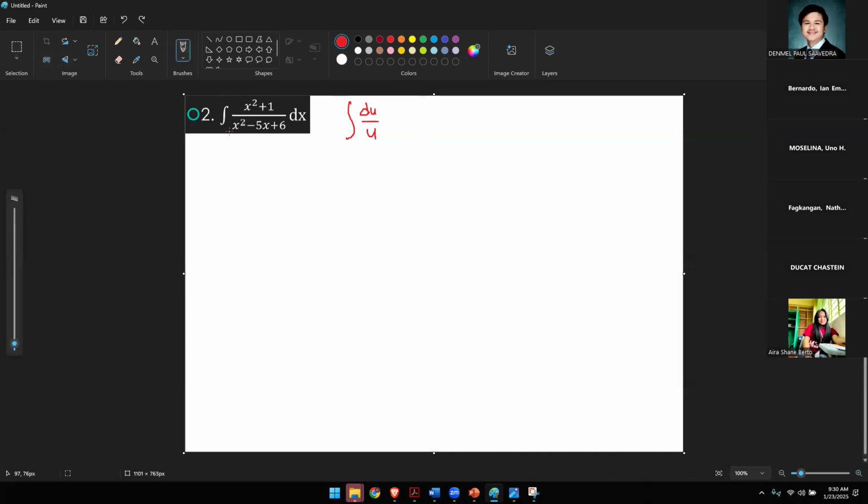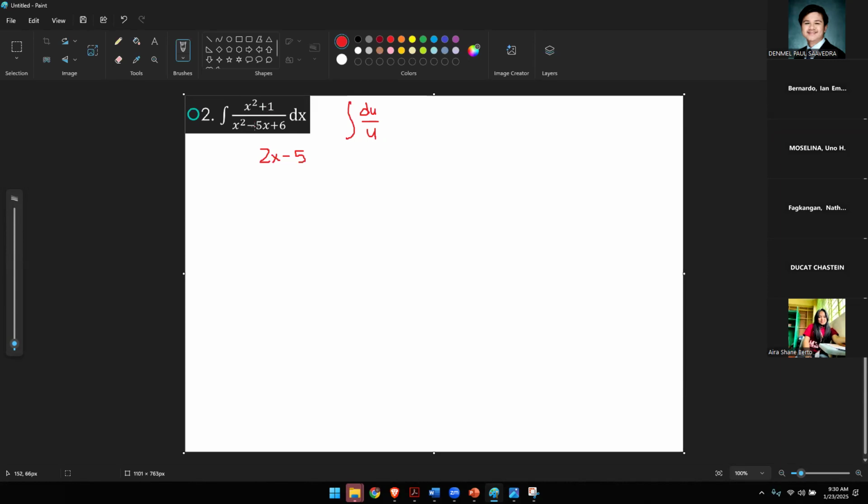Okay, again, getting the derivative of this one, our denominator is 2x minus 5. And x squared plus 1, pwede naman natin expand into x plus 1, x minus 1, x minus 1, x minus 1. Hindi rin pala pwede.